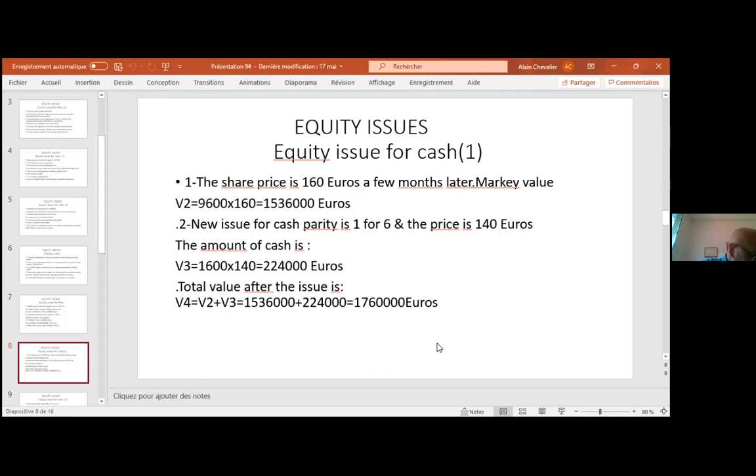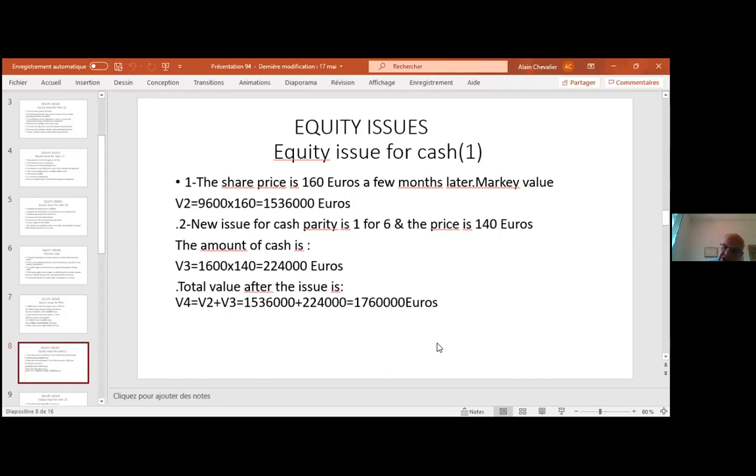this second part of the exercise, still the same, which is June 19, part 5B. A few months later, the financial manager plans to issue 1,600 new shares. Again, new shares are not the same. It means we had 8,000 at the beginning. We issued 1,600 for free.